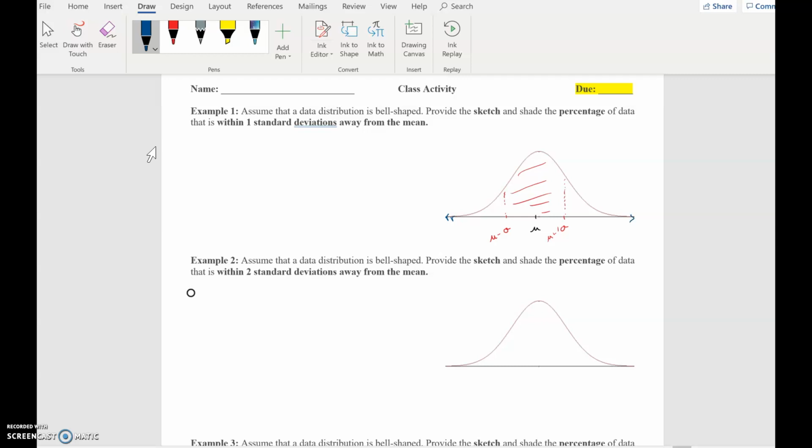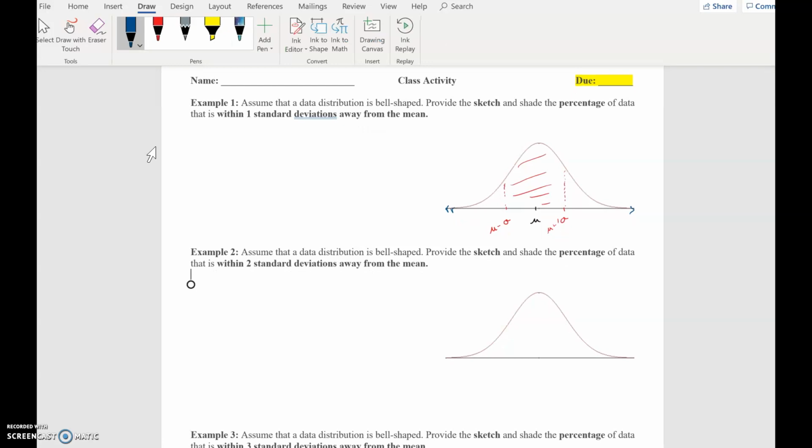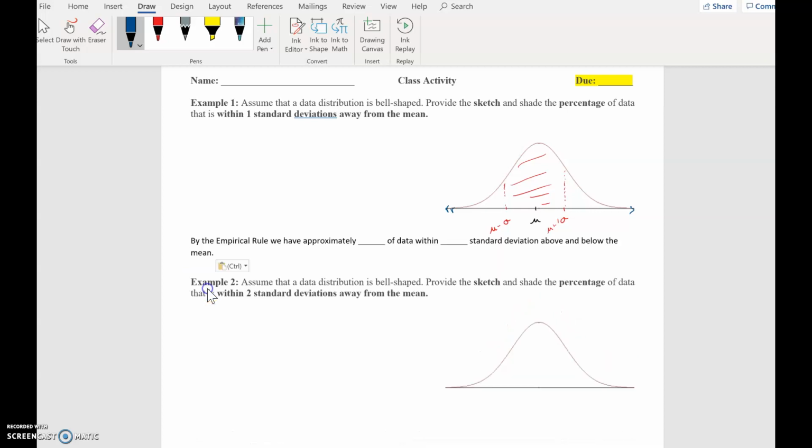Now, all of these statements, because we're doing predictions of data, come with a specific sentence that you're going to be stating. You would say that by the empirical rule, you have approximately 68% of data within 1 standard deviation above and below the mean.